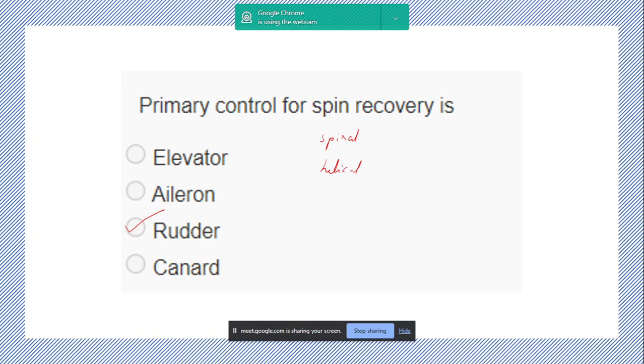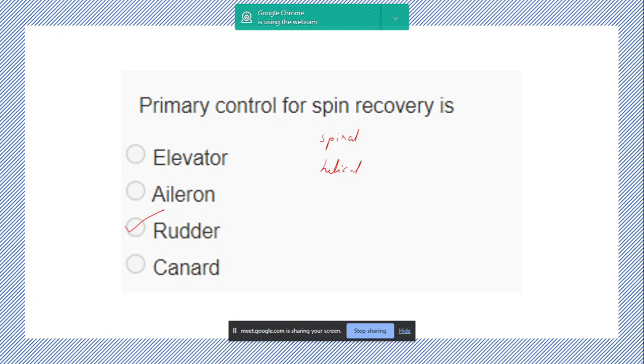Okay. You're right about how it goes down. It goes down in the spiral path. That is right.